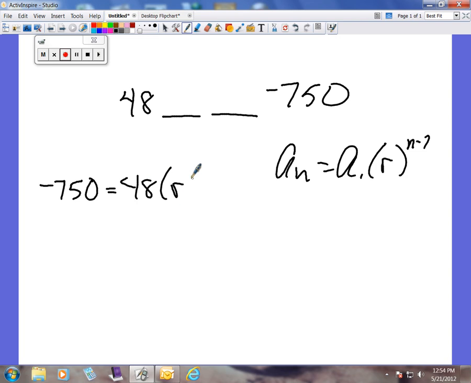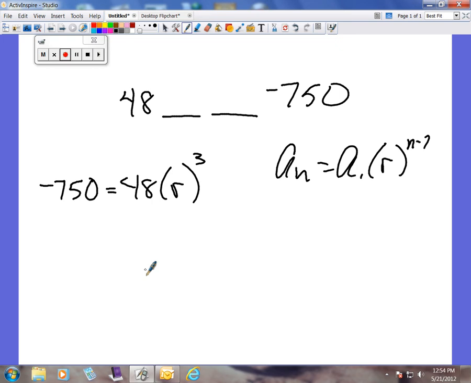We don't know what r is, but we said n is what? 4. So we take n minus 1, which is 3. Now, is everybody with me on where I got everything? A sub n is your last term. n is how many terms? It's the 4th one. Is everybody okay with that?